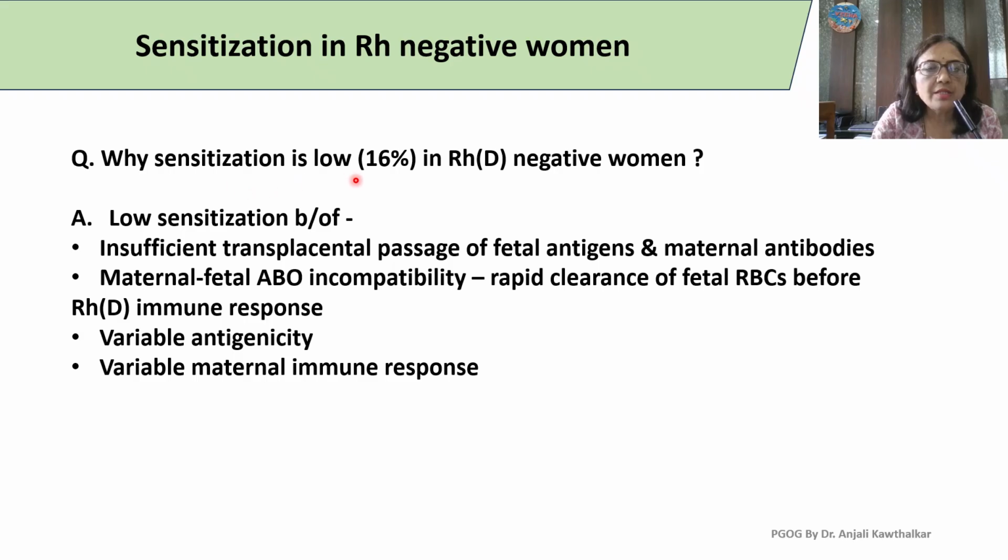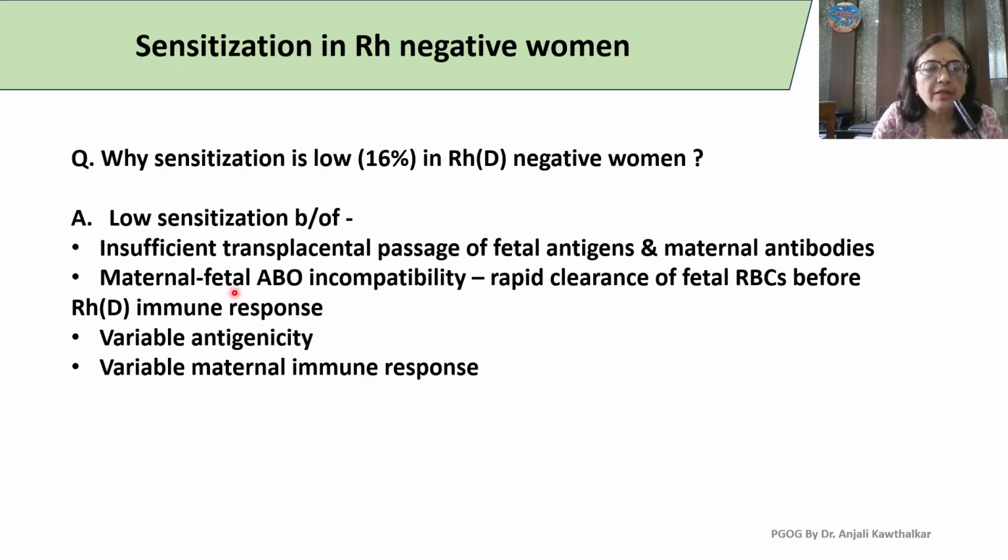Now, why is sensitization only 16%? It is low in RHD negative women. Even if an RHD negative woman carries an RHD positive fetus, on an average only 16% of patients have Rh immunization or sensitization. Less sensitization is because of insufficient transplacental passage of fetal antigen, that is fetal RBCs, as well as maternal antibodies.